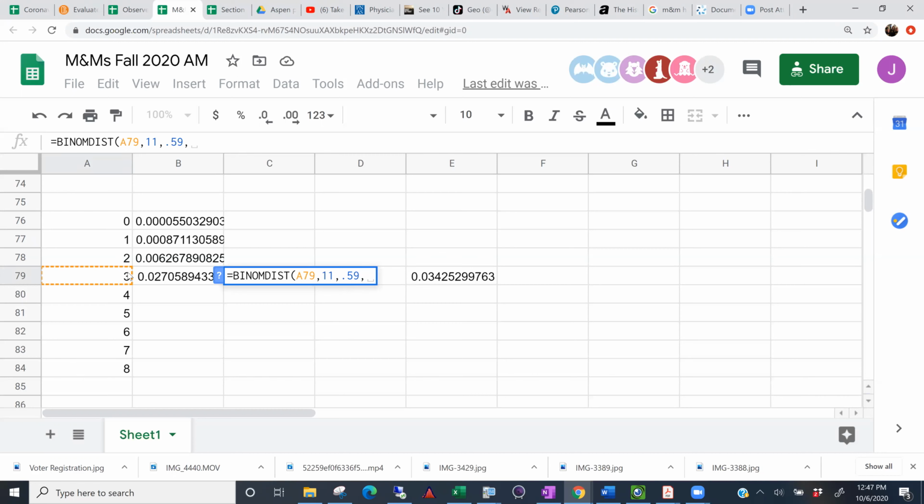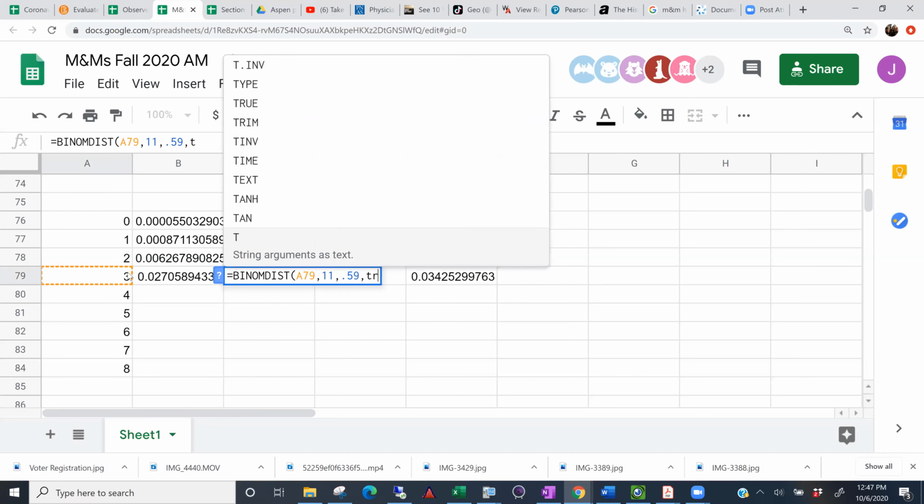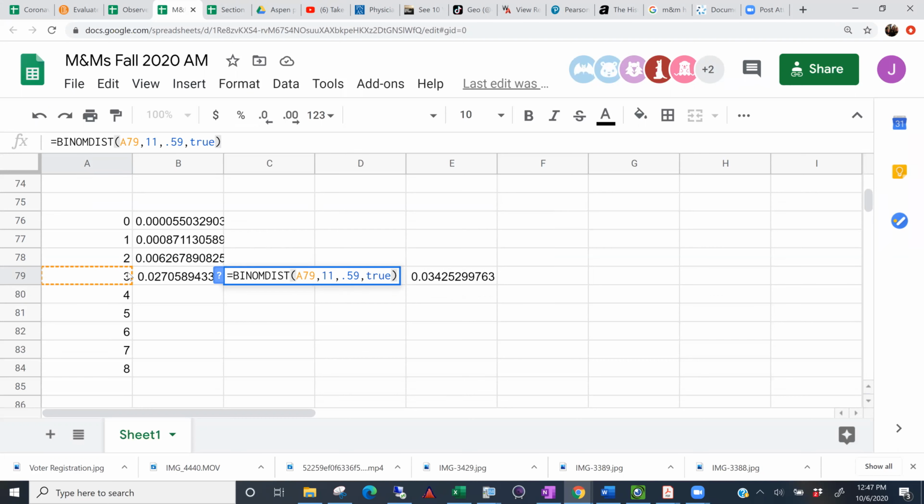Does anyone know? I'm going to type in true. True. And that's going to add up all the probabilities, including X equals 3 and lower. So yay. It's a different way to get this, but both of them work. And you can do the same thing with binomial PDF and CDF on your graphing calculator, while doing it with PDF would be really, really tedious. So are we okay with that one?